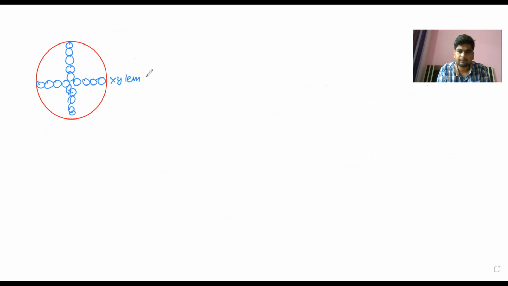This is the xylem. These are the phloem. And in black I am showing the cambium.